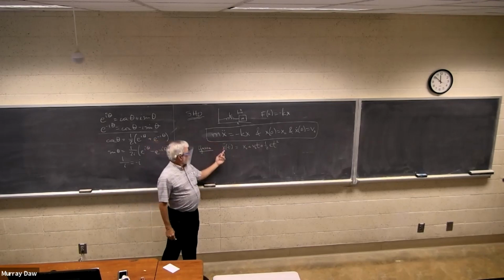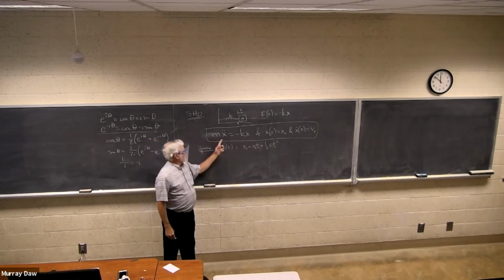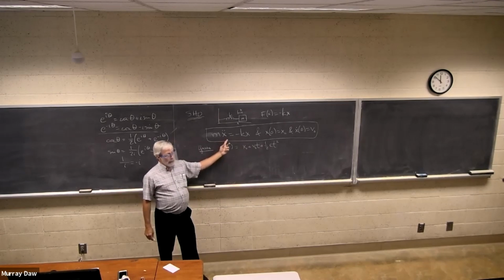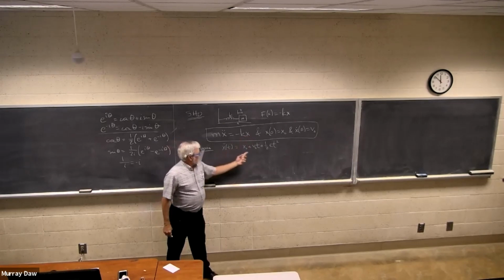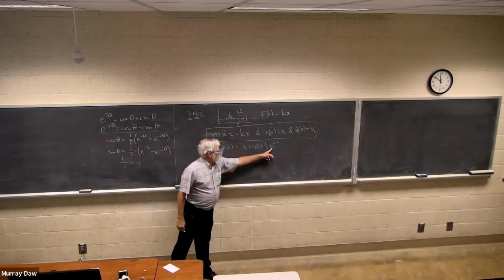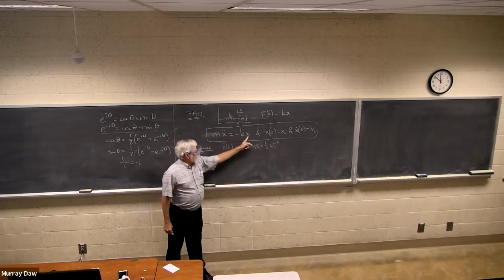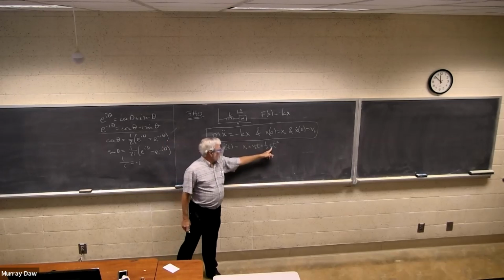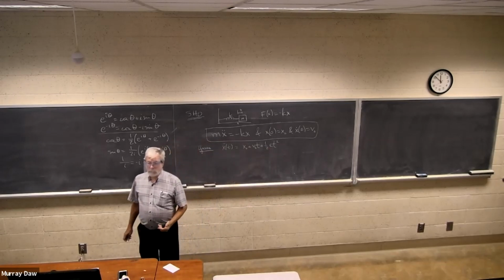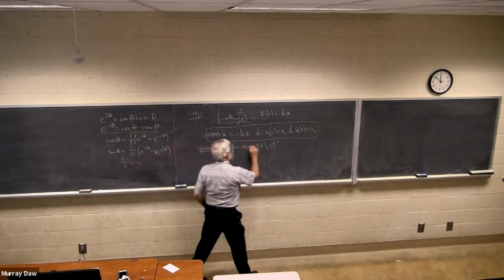You can't get a solution for all time. You can't get an x of t that will match this condition where its second derivative is proportional to the distance. It isn't going to work, because when we take the second derivative, we'll just get a constant here, and then x is not a constant. So there's no choice of c that will work. So this fails.